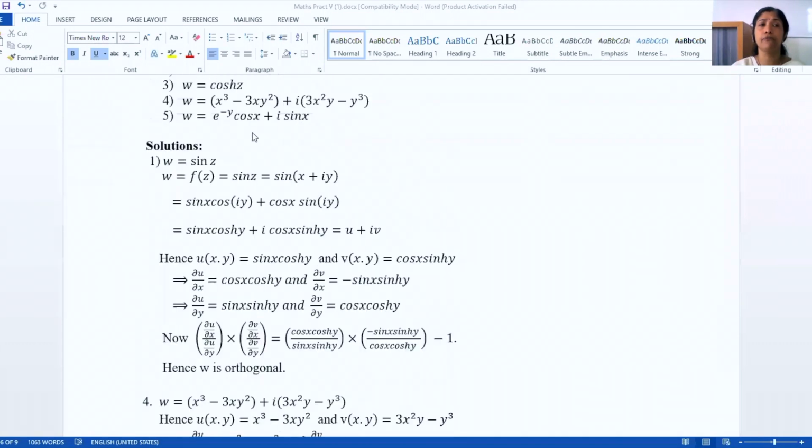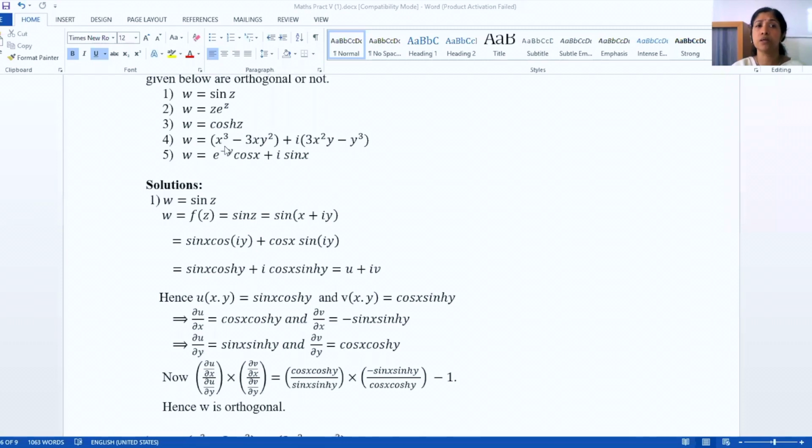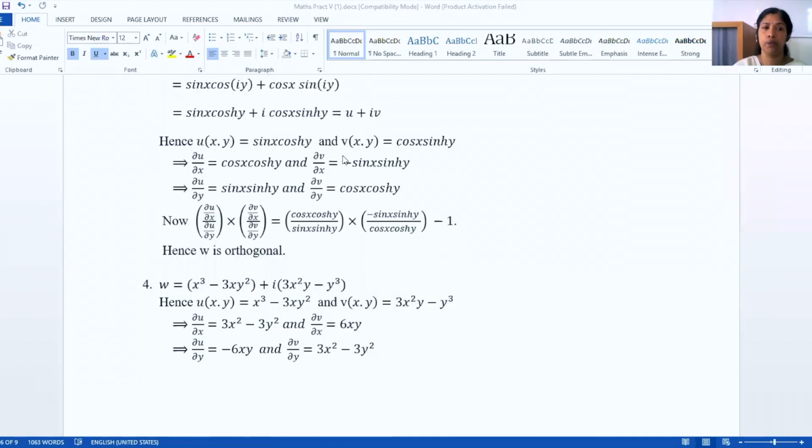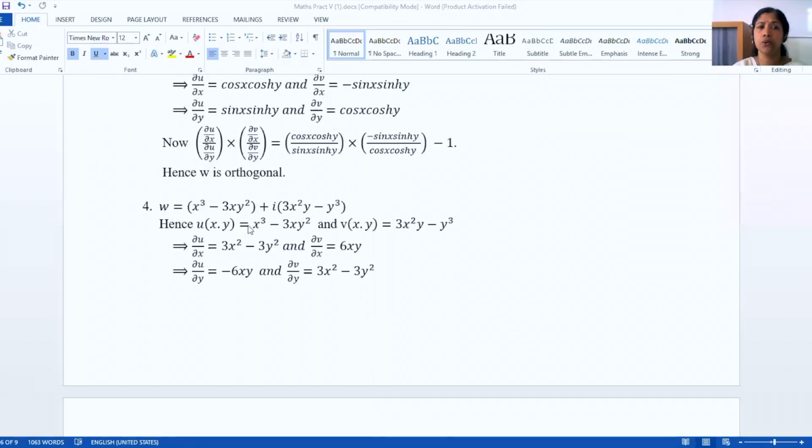Now look at the fourth question. The fourth question is x cube minus 3xy square plus i times 3x square y minus y cube. In the fourth question also, u and v are clearly given. So we find dou u by dou x, dou u by dou y, again dou v by dou x and dou v by dou y.